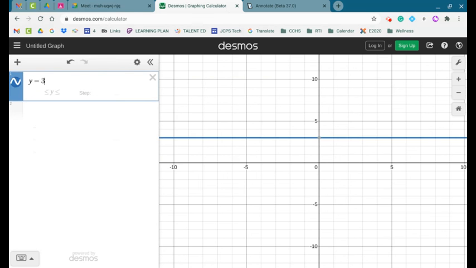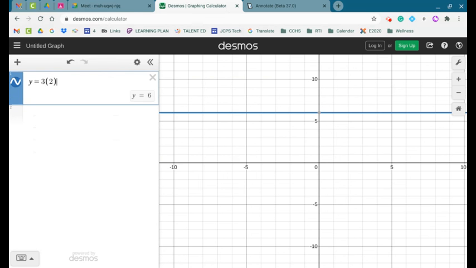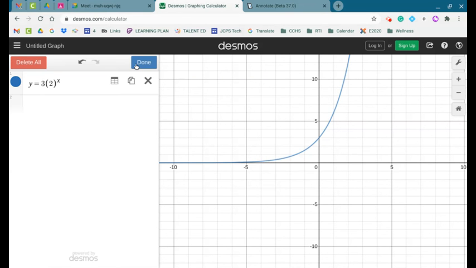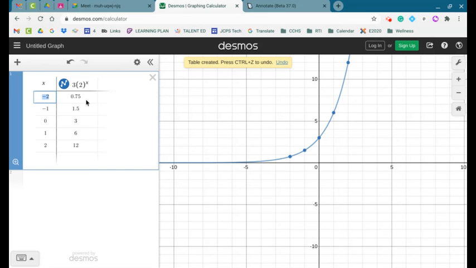Y equals 3 times 2, and then to raise it, you do your shift 6, which is the caret, x. If you hit the little gear button up here, and then hit the table, it'll give you your table of points. So you have 0.75, 1.5, 3, 6, and 12.